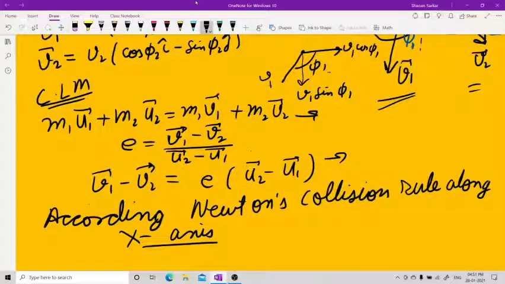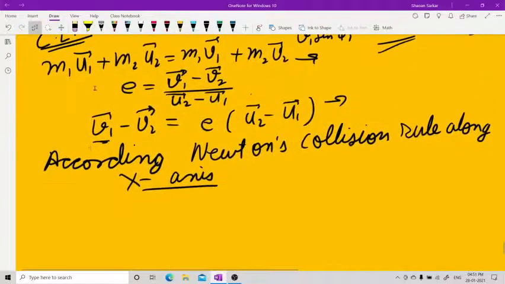So now in this case, this v1 will have v1 i component, because otherwise things will become so complicated you won't be able to solve it if you take the generalized case. So let me take v1 i cap minus v2 i cap equal to e times, it is happening along the x-axis.